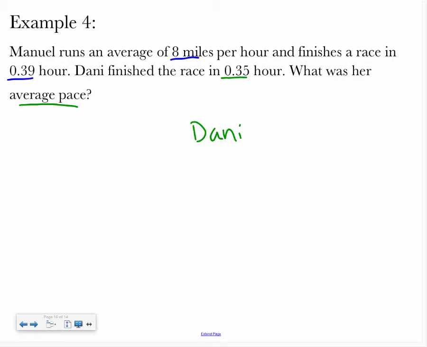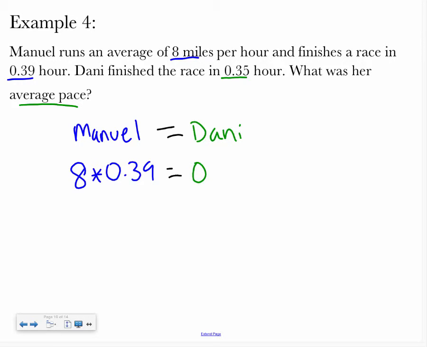So I'm going to do green for Dani and blue for Manuel. The information I know about Manuel is that he has 8 miles per hour, 0.39 hours. And then Dani, I know, 0.35. And then I want to know how fast she goes. I'm just going to use M for miles per hour.